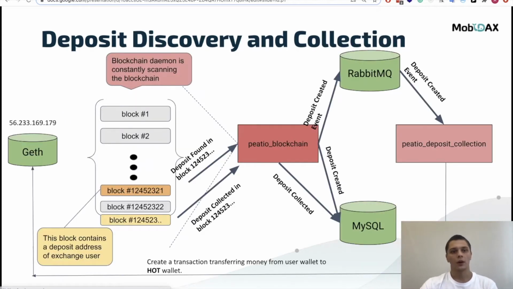Let's go forward. So deposit discovery and collection. Now this can look complicated. I will try to explain it as simply as possible. This is when you have already generated this deposit address. You copy it on your front end, on your base app, where you've logged in and you have a user.